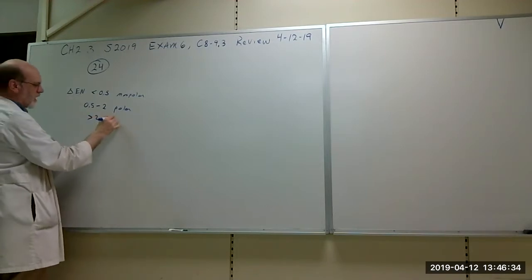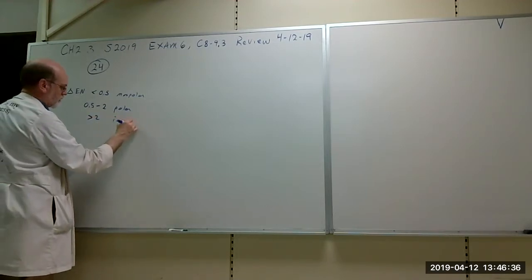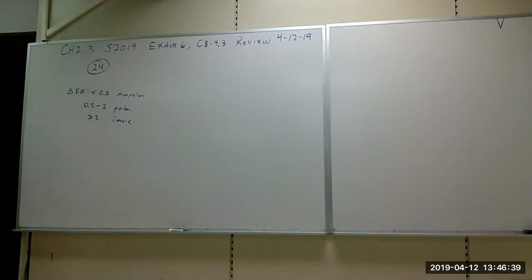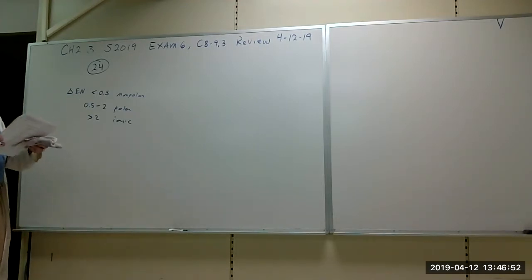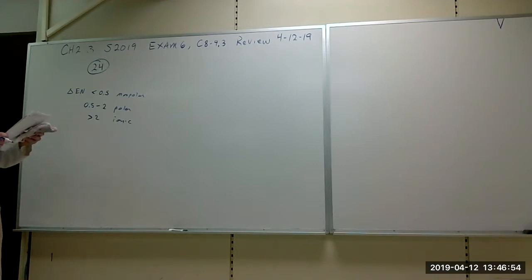And then greater than 2 is ionic. I think I've seen that quoted. So if you have the electronegativities, you can determine what the difference is. But we don't have those for number 24.